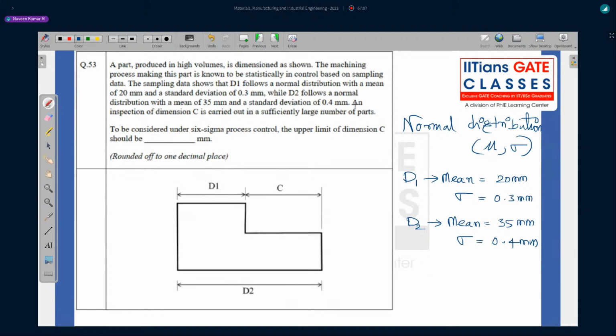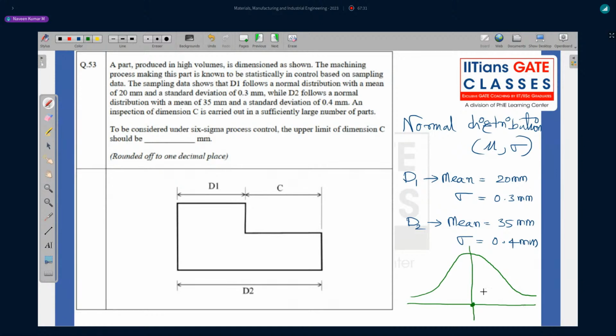They're asking, an inspection of dimension C is carried out on a sufficiently large number of parts to be considered a Six Sigma process. Now, what is Six Sigma? This is a normal distribution, so just draw the graph like this. It's a bell curve, normal curve, Gauss curve, everything is the same, right?